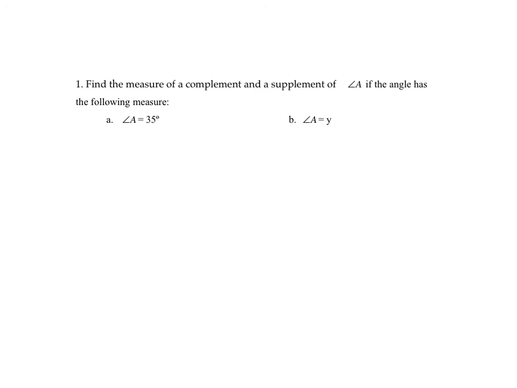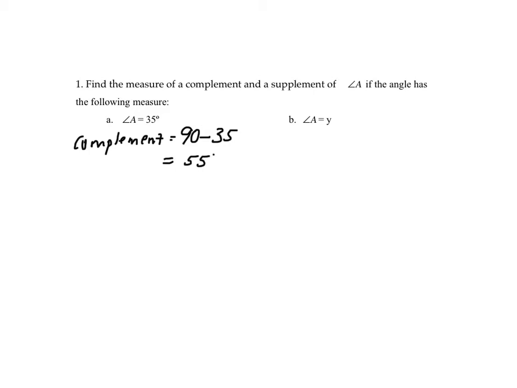In our first example, it says to find the measure of a complement and a supplement of angle A if the angle has the following measure. To find the measure of the complement, we just simply take 90 degrees and subtract angle A from it. So 90 minus 35 gives us 55 degrees.